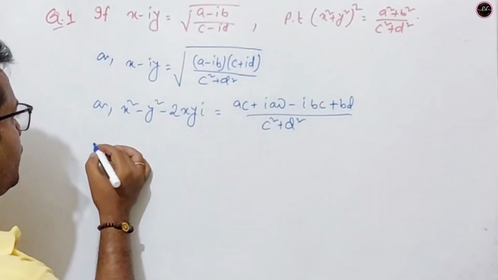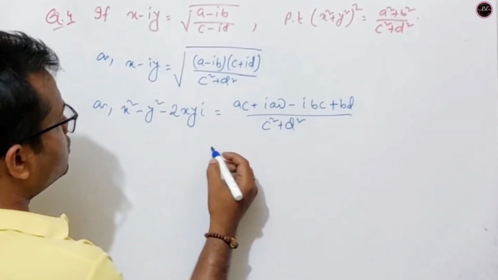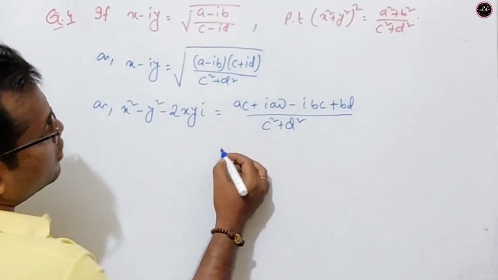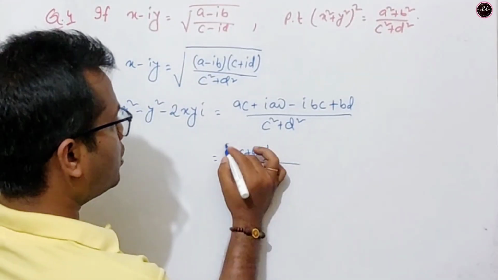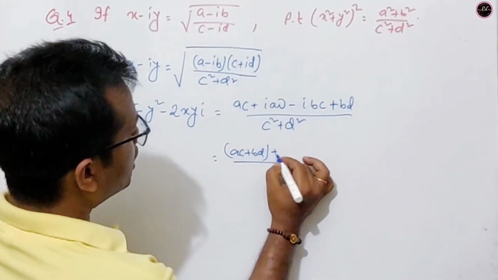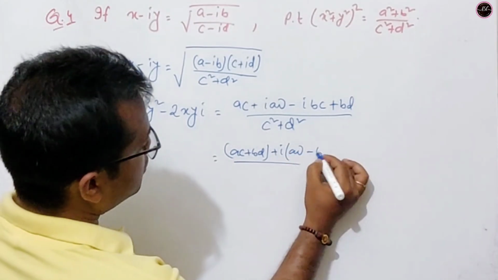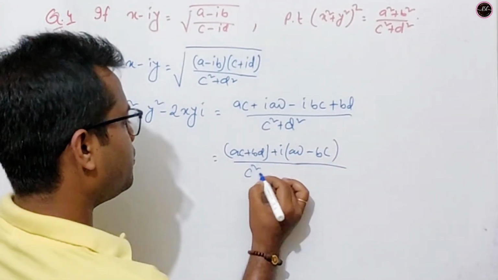Therefore this part will be AC plus BD plus I of AD minus BC divided by C square plus D square.